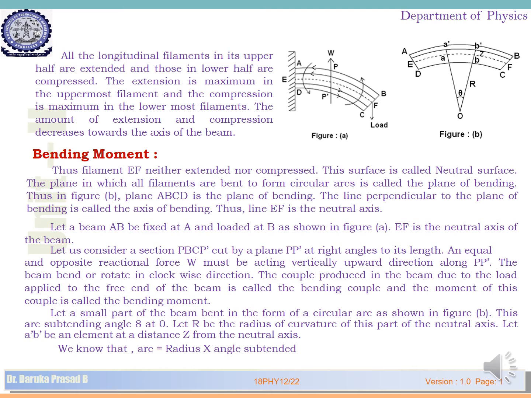If you observe figure B, the cross-sectional view of the beam is shown with arcs, and you can consider the center of curvature for these arcs. From the center of curvature, if you draw lines to get the radii of curvature for the neutral axis EF and for the extended axis AB, they cut the neutral axis and the extended axis at ab and A dash B dash.